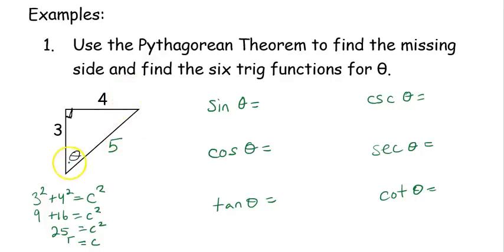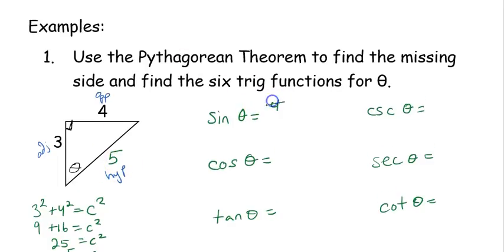Since we're doing it from the perspective of theta this time, we can see that this is our angle. So let's label our sides. Hypotenuse is across from the 90-degree angle. It's the one we found. That doesn't change. Since we're from the perspective of theta, the opposite side is across from that, and the adjacent side is what's left.